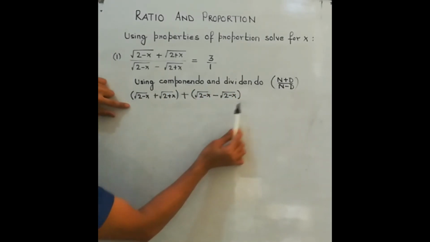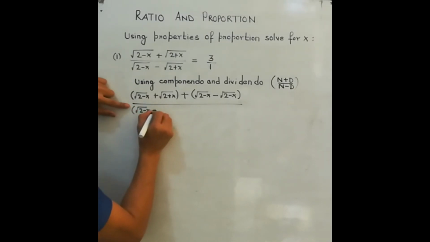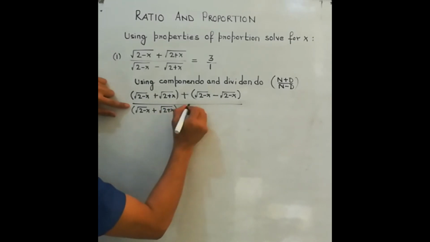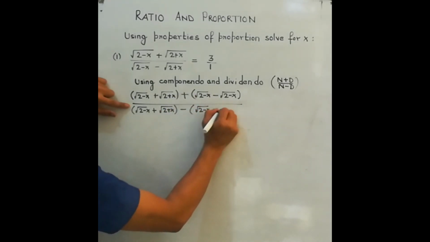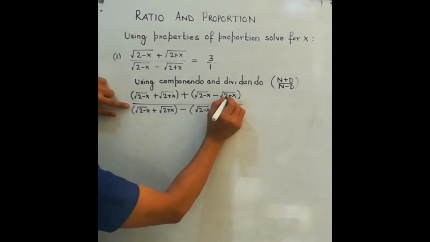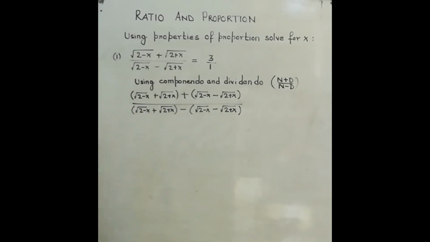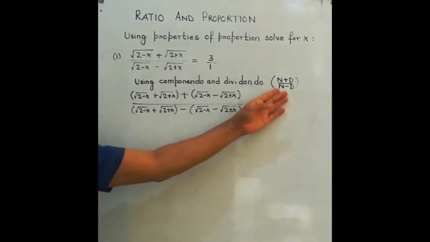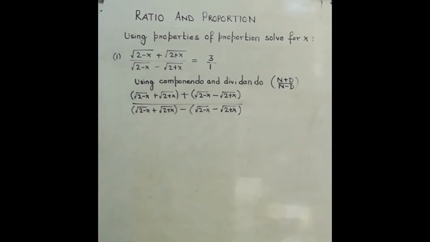Then under this I have to write numerator minus denominator. So this is numerator and minus denominator. So this I have applied on the left side, numerator plus denominator upon numerator minus denominator.